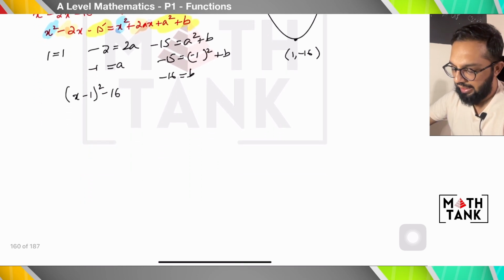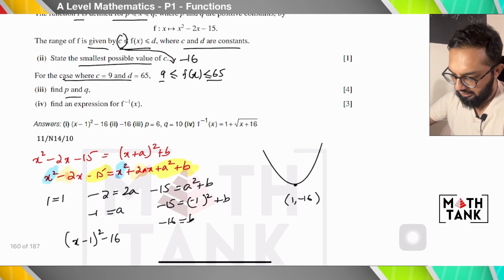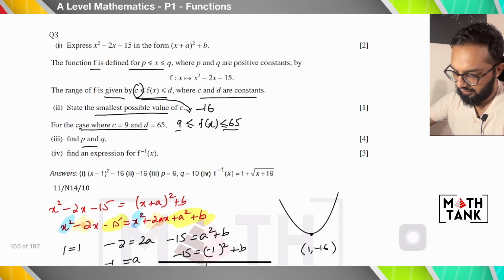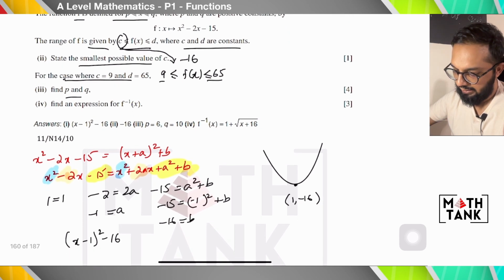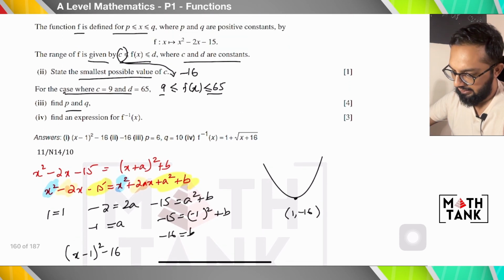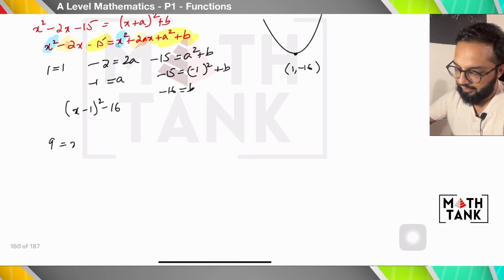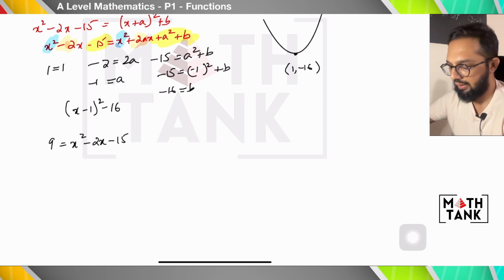Now at 9, f of x is 9, c and d are 9, right? Okay, so 9 is our positive constants. Okay, x squared minus 2x minus 15. I could use the completed square form as well, that's up to me. Right now I'm just using my calculator to solve a quadratic.